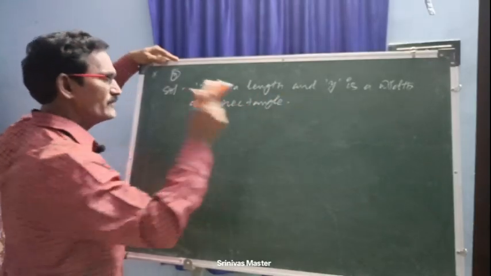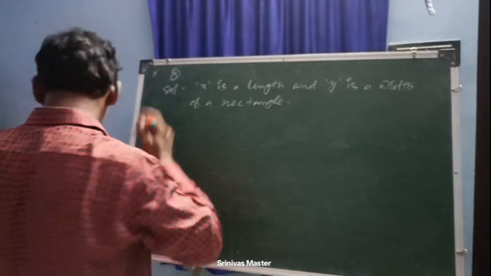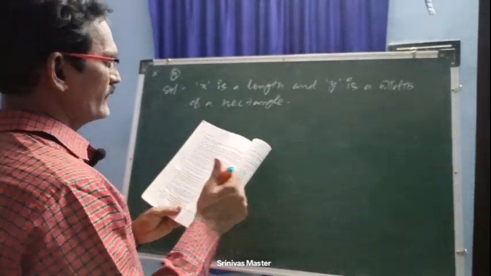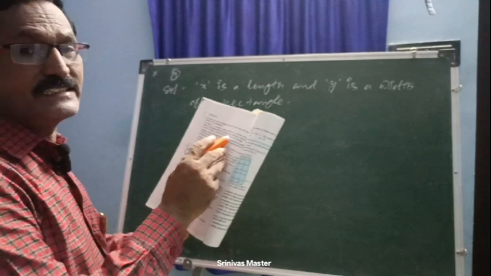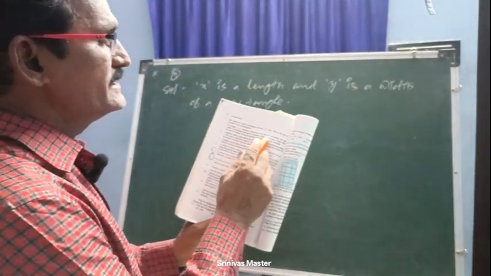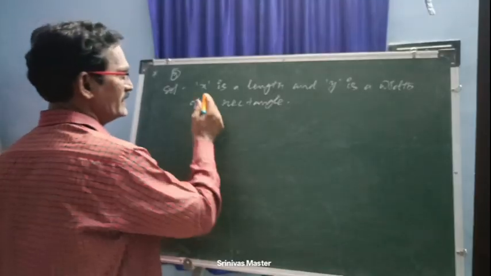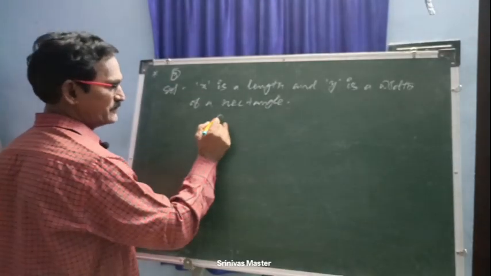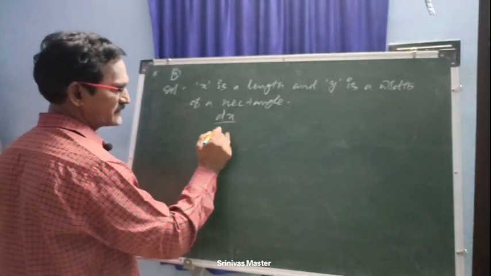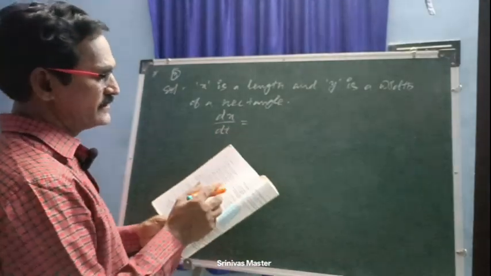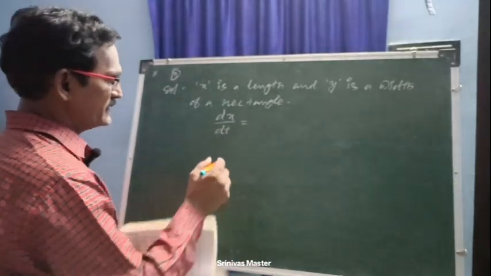Now, according to the given question, see what they have given. The length is decreasing, children, at the rate of 5 centimeter per minute. Decreasing means it becomes minus, no? Here x is the length, that means they gave dx by dt. How much is it decreasing? 5 centimeter per minute.